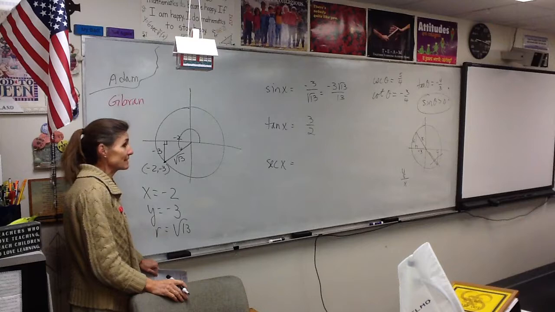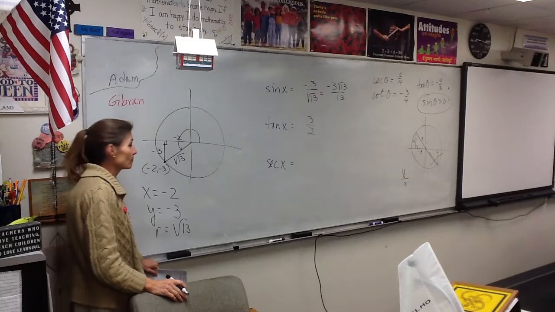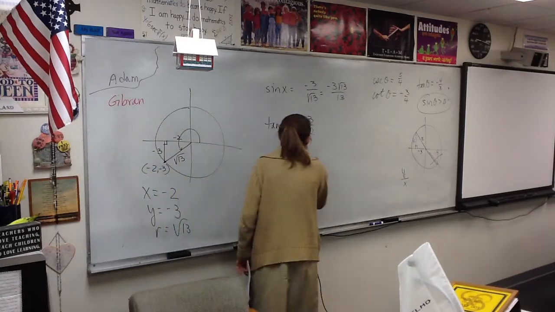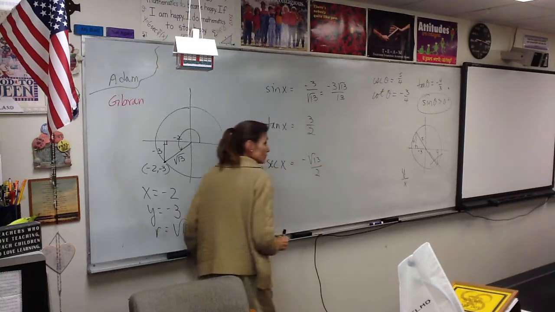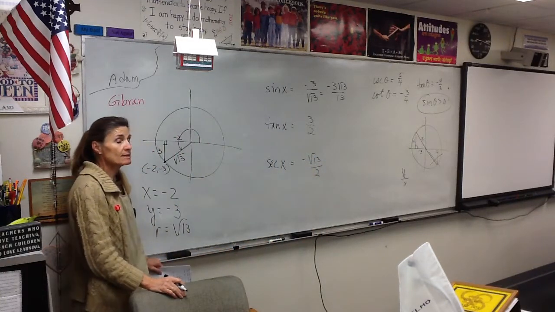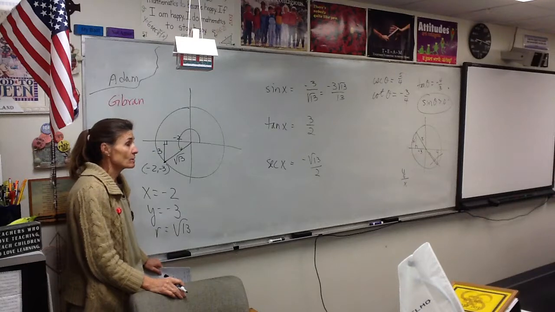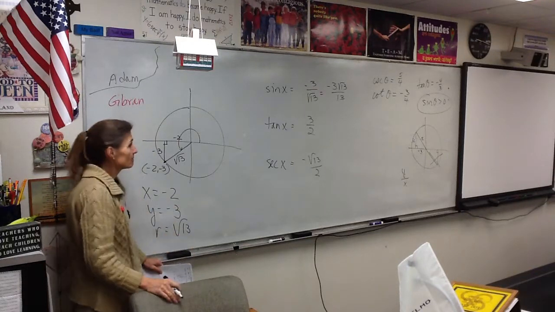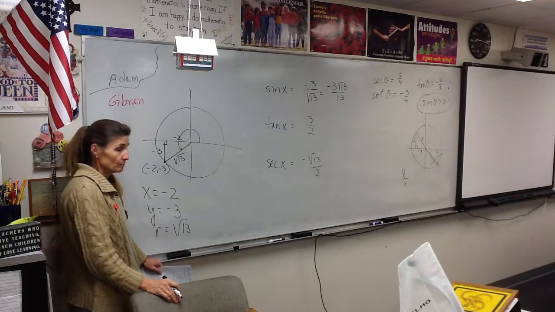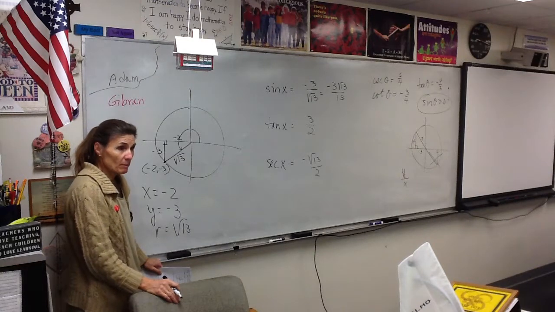And what's the secant? Negative root 13 over 2, because secant is the reciprocal of cosine, so it's r over x. Everybody keep up with that?